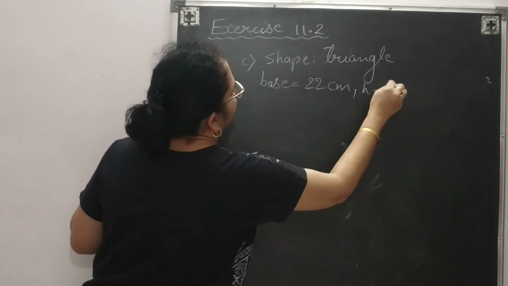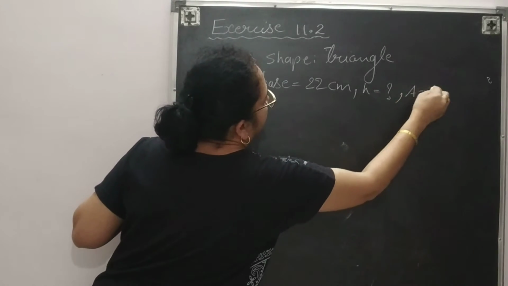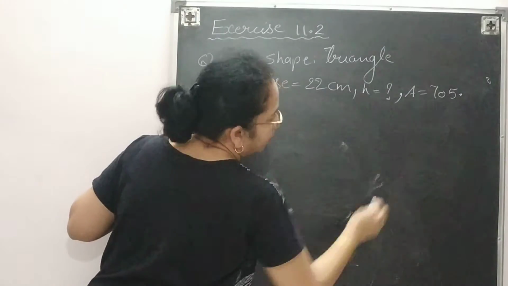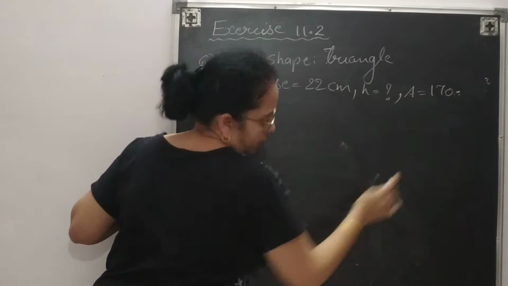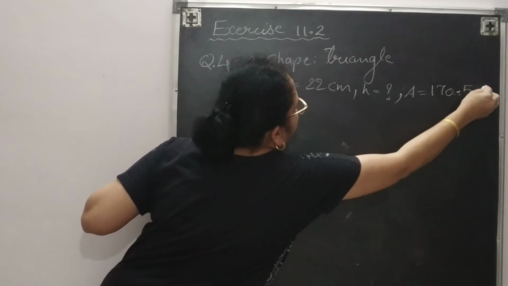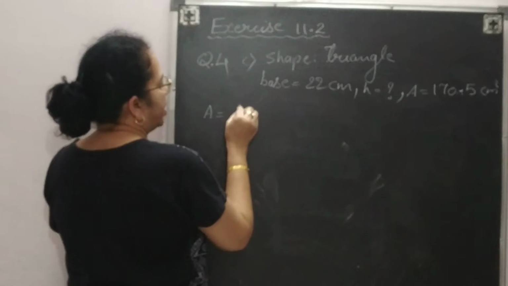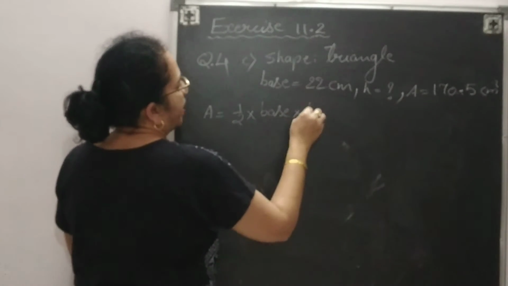Height you are supposed to find, and area is given 170.5 centimeter square. So what is the formula? Area is equal to half into base into height.